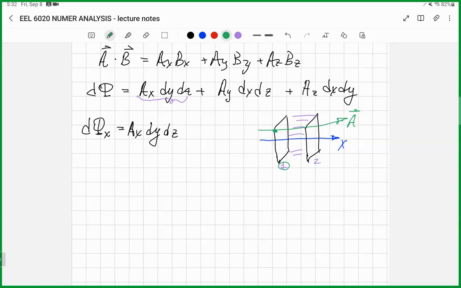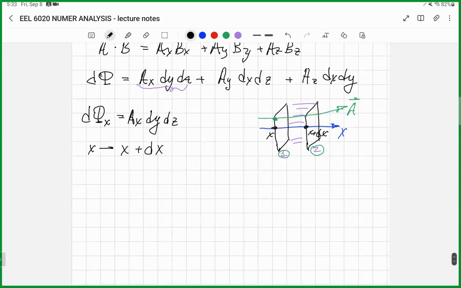So now I jump to the point of location of the second wall, the second surface, and suppose this point is x, so this one is x plus dx, right? So the x changes by dx, by a very small amount of x.